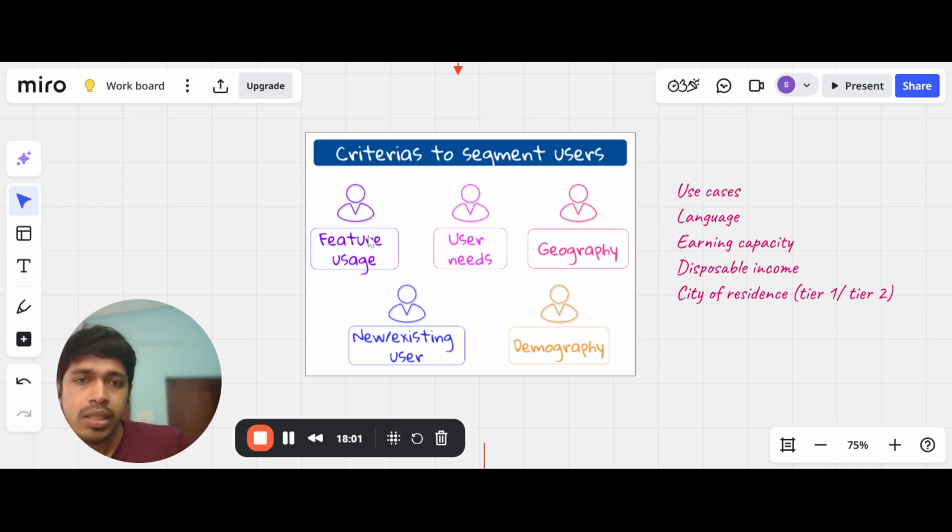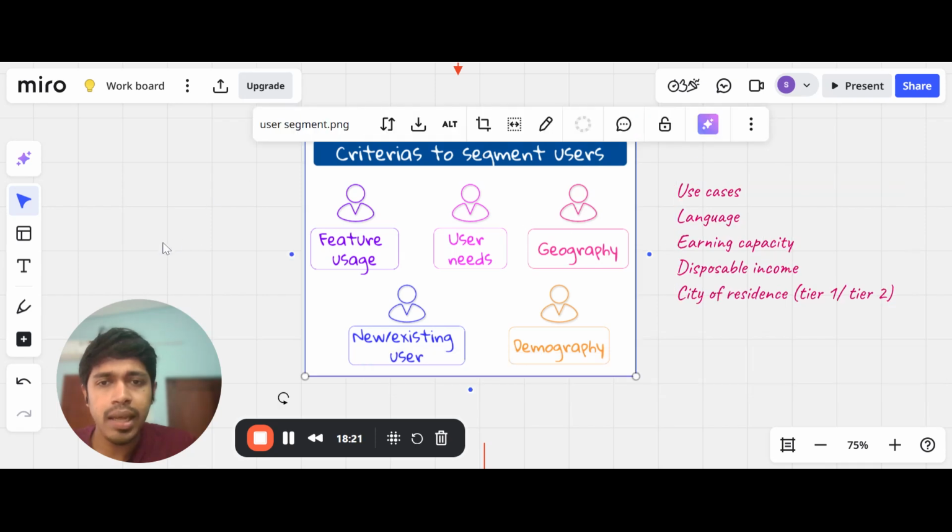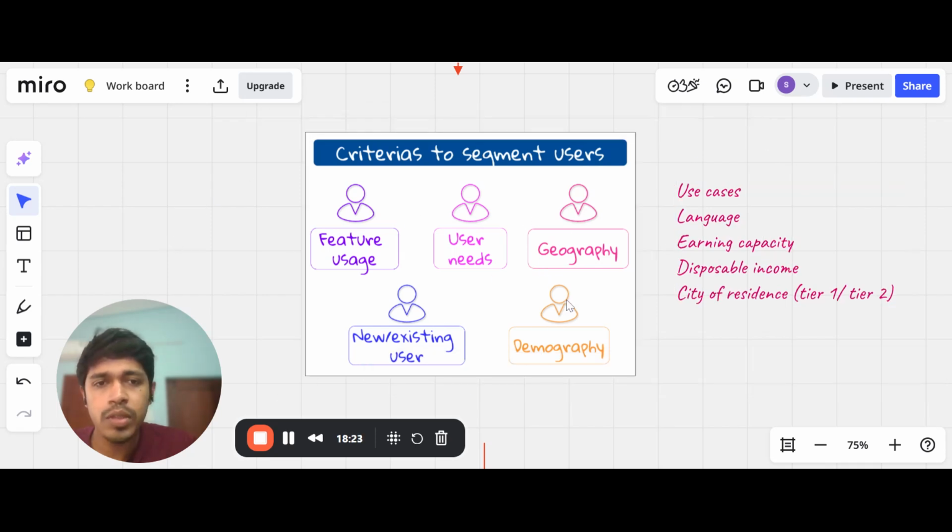I have mentioned five criteria that can be generally used in any problem. The other criteria I mentioned here you cannot use in every case, but these five criteria, you can probably use in any case.